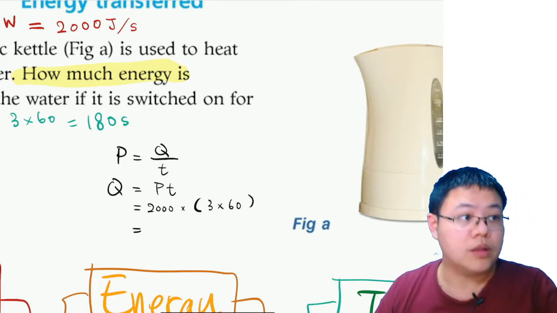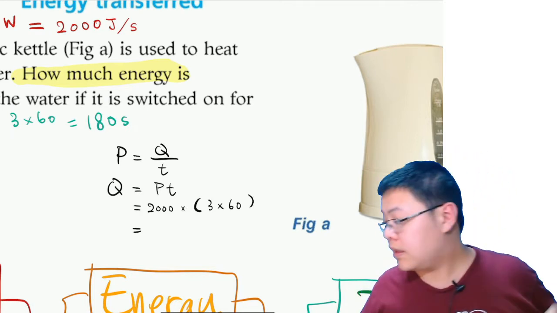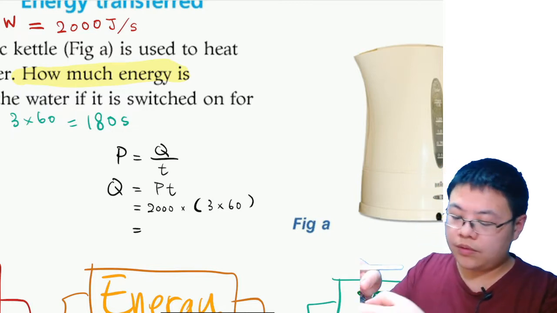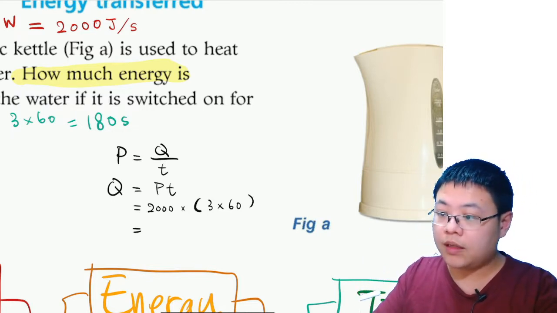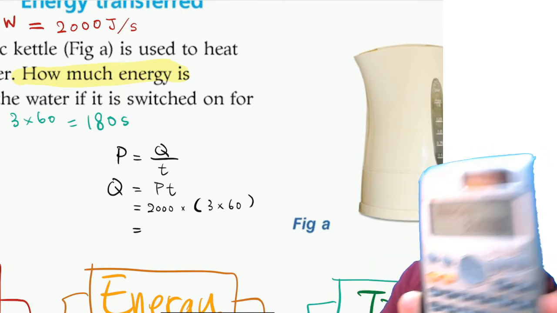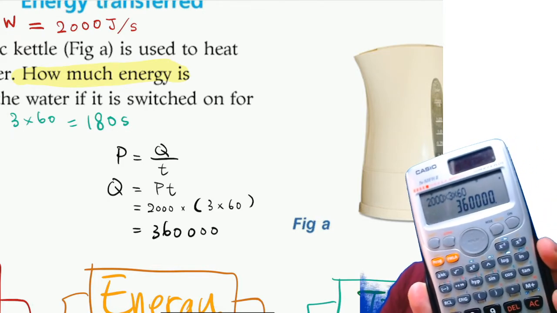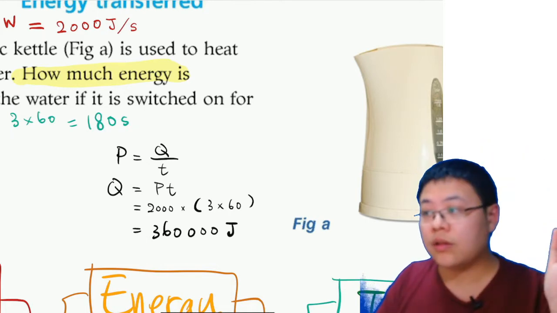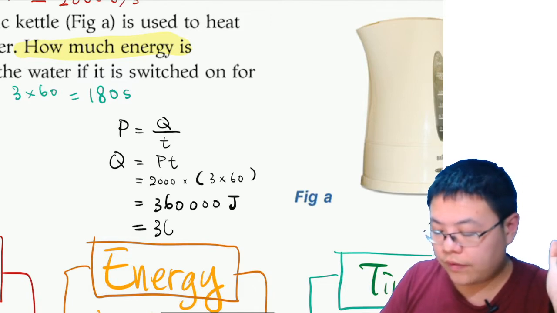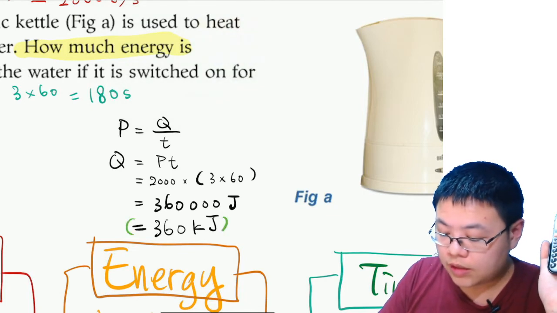And then you calculate this with your calculator. In physics, you have to have your calculator with you, and then you simply push 2000 times 3 times 60, and then the answer is 360,000 joules. But you can further simplify it into kilojoules, and this part is optional.